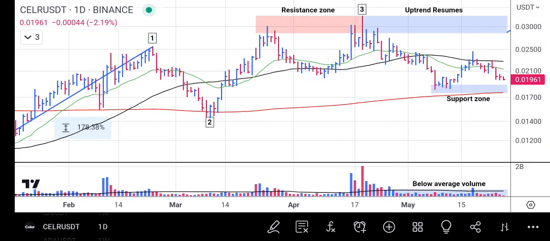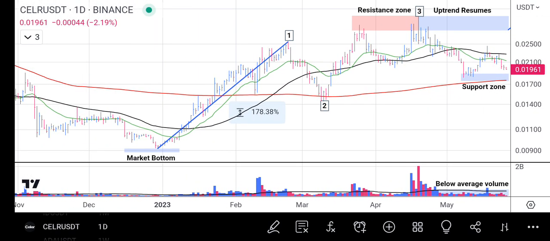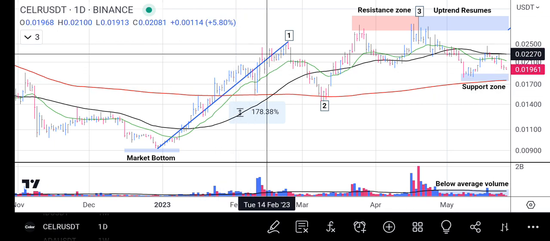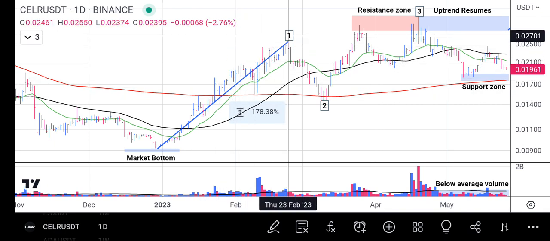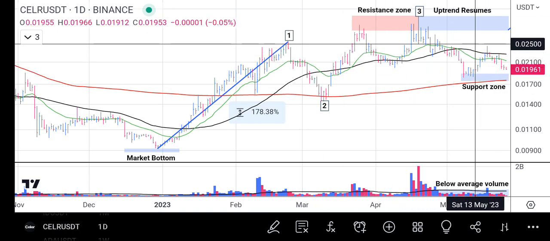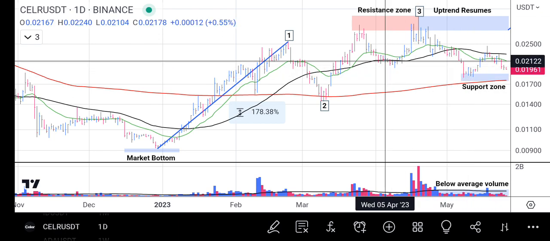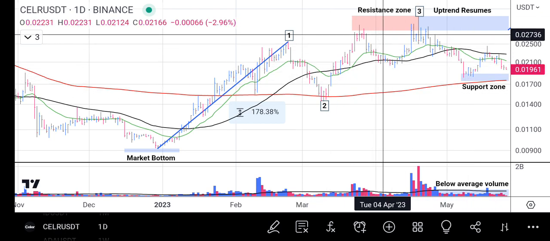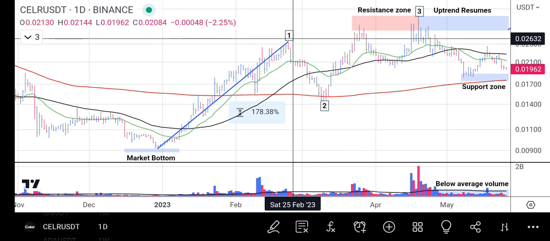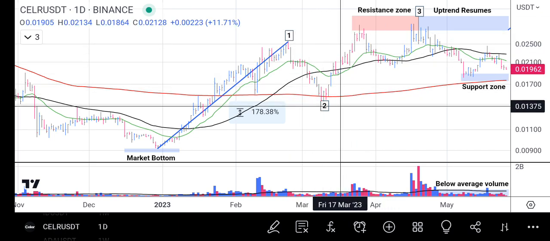resumes area. And our target is the distance from the last leg, and the last leg was the distance from the market bottom straight up to point 1, which is around a 178% increase. From point 1 to our support zone, we haven't had any additional rally. All these are still within the prior resistance and support zone, which is around point 1 and point 2.